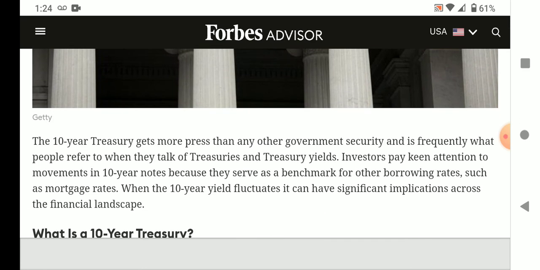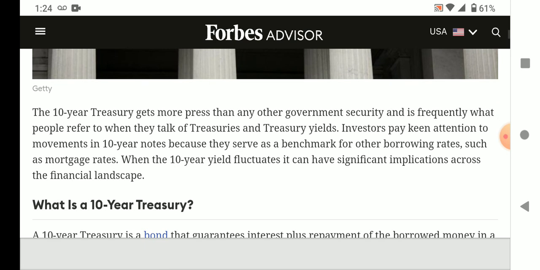I only wanted to throw this out there. The 10-year treasury gets more press than any other government security, and is frequently what people refer to when they talk of treasuries and treasury yield. Investors pay keen attention to movements in the 10-year yield because they serve as a benchmark for other borrowing rates.